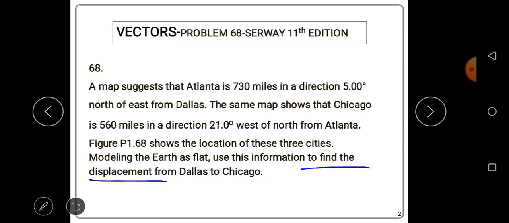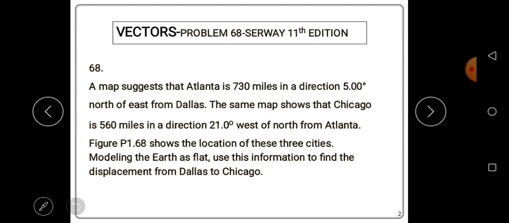So they want us to find the displacement from Dallas to Chicago. So we have to understand what displacement is. Displacement is a vector quantity, meaning it will have both magnitude and direction. So we have to find the magnitude of this displacement and also the direction of this displacement. So the direction, they simply talk of the angle.